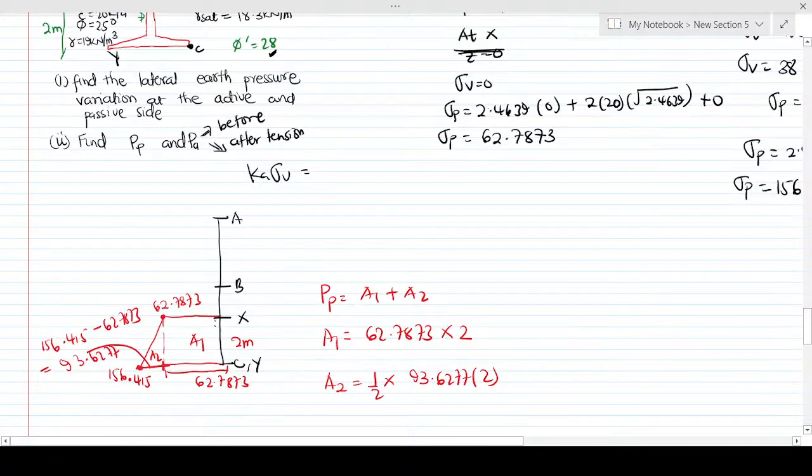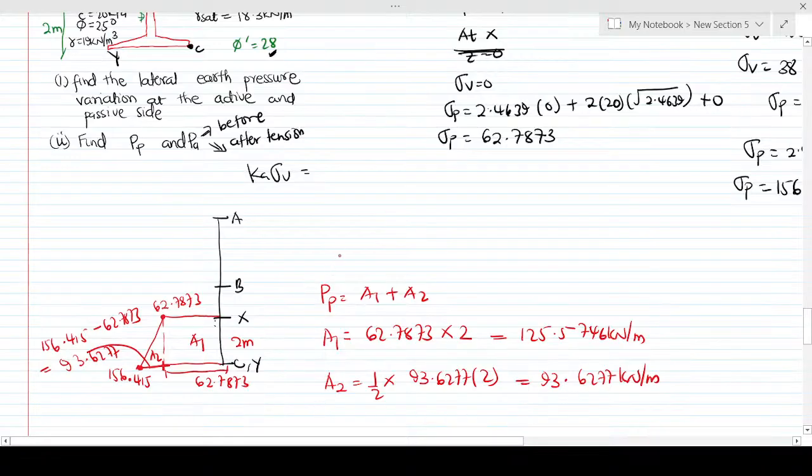So 52.7873 by 2 gives us 125.5746 kilonewton per meter. And this one will give us 93.6277 kilonewton per meter.